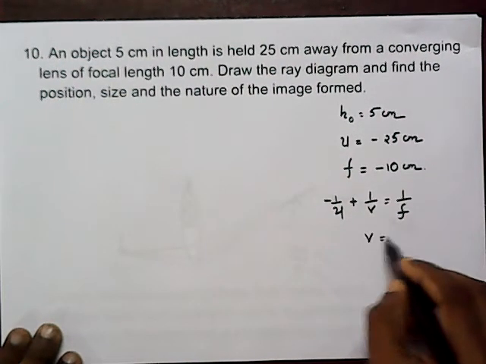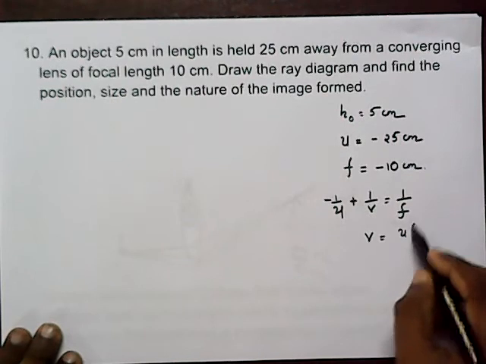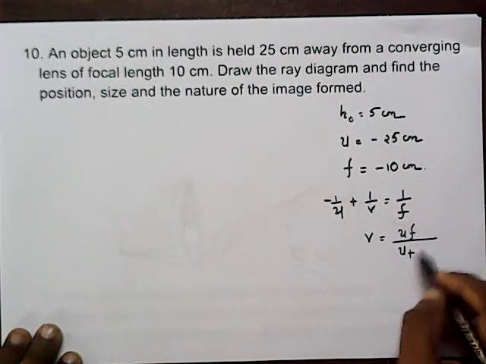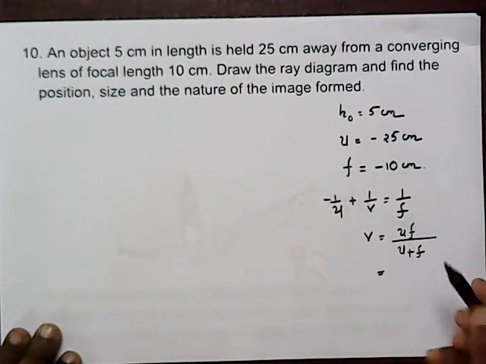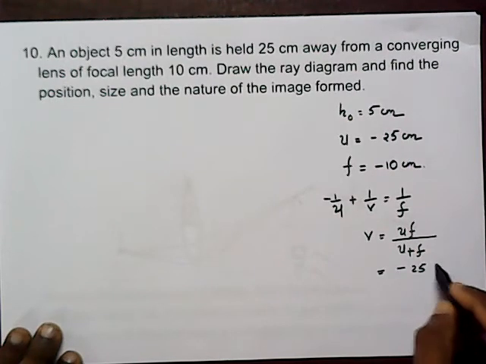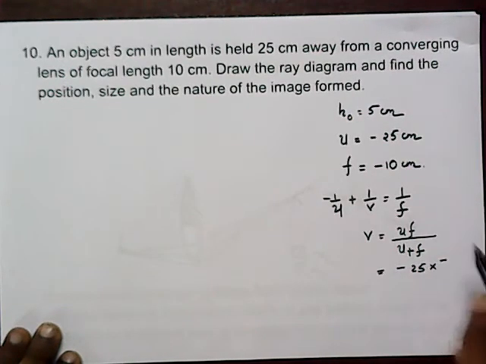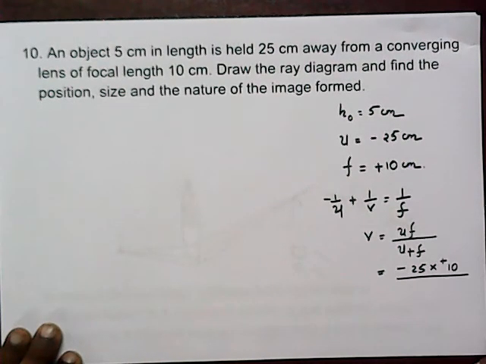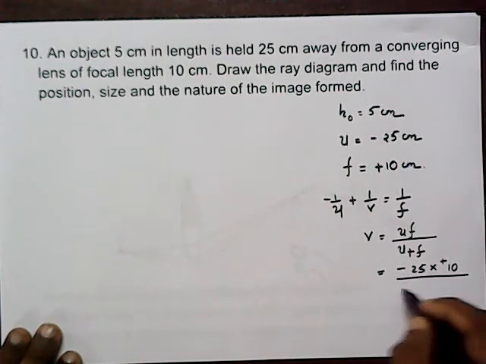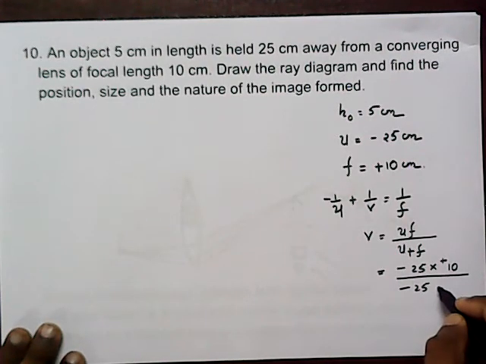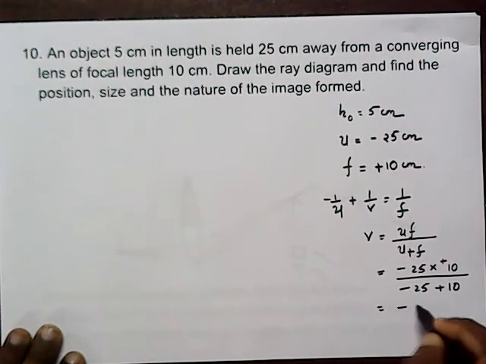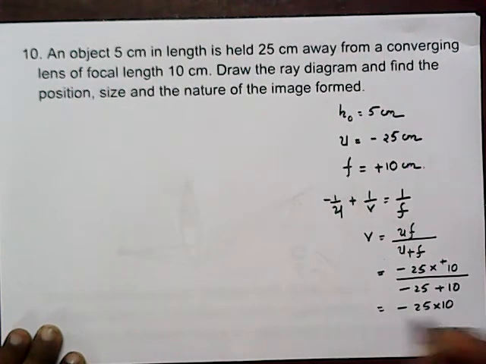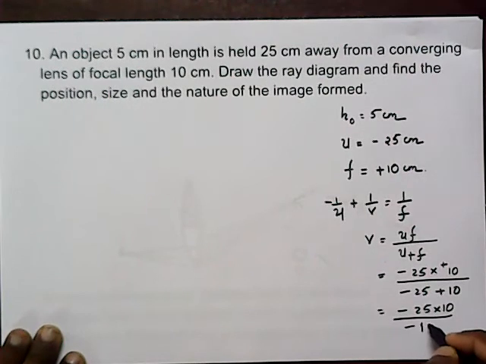So v is equal to uf divided by u plus f. Here u is minus 25, and for the converging lens the focal length becomes plus 10. So v is equal to minus 25 into 10 by minus 25 plus 10, that is minus 25 into 10 by minus 15.